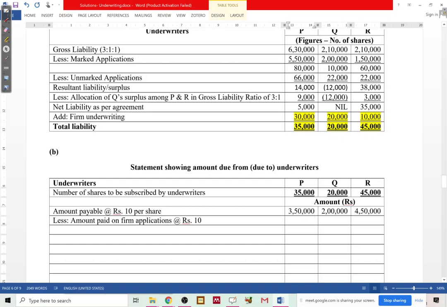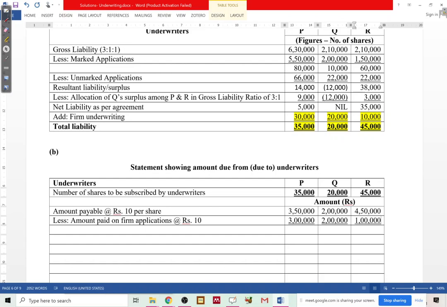Now pay attention here to where I am getting the 30,000 from. Firm underwriting 30,000 into 10 is 3 lakhs. Same way 20,000 into 10 is 2 lakh and 10,000 into 10 is 1 lakh, right?